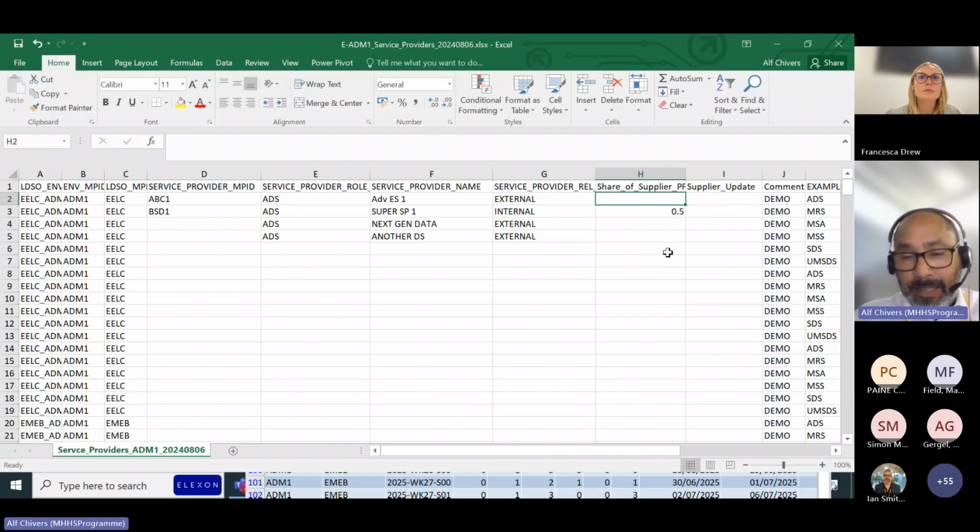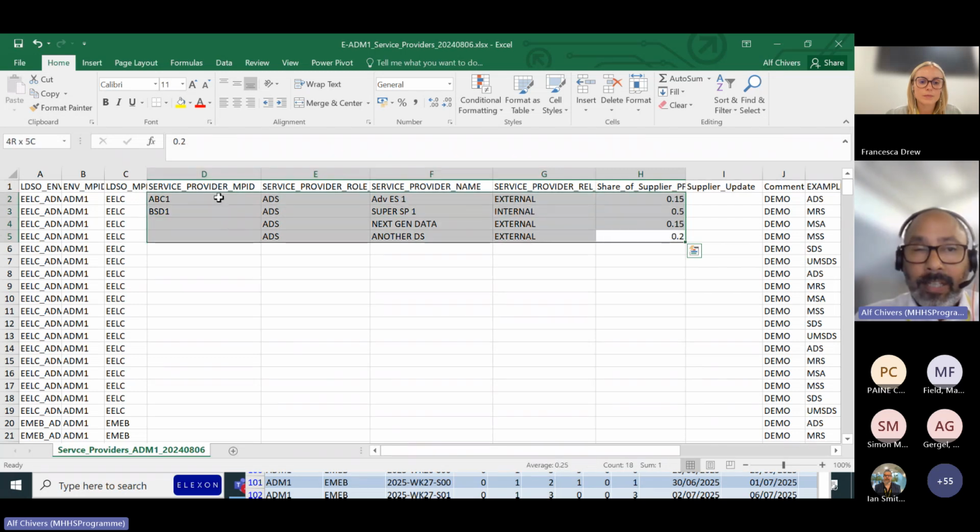So that would probably be something like, let's call it 15% for this one, 15% for this one, and then 20% for the final one. So obviously that gives me a total of 100% coverage across all of these for this particular service provider.